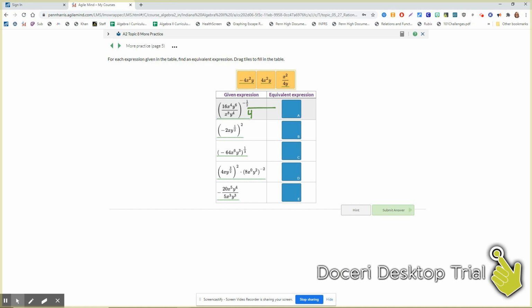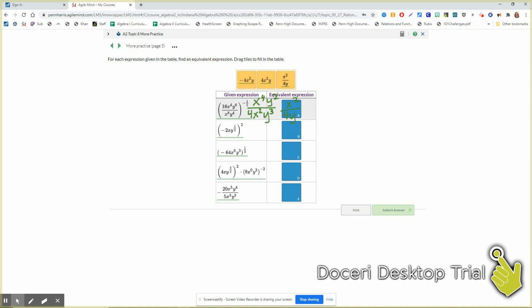The square root of x to the 4th is x squared, and that's on the bottom. The square root of y to the 6th is y to the 3rd on the bottom. On top, we have x to the 4th and y squared. Clean that up, and you would be bringing the answer of x squared over 4y.